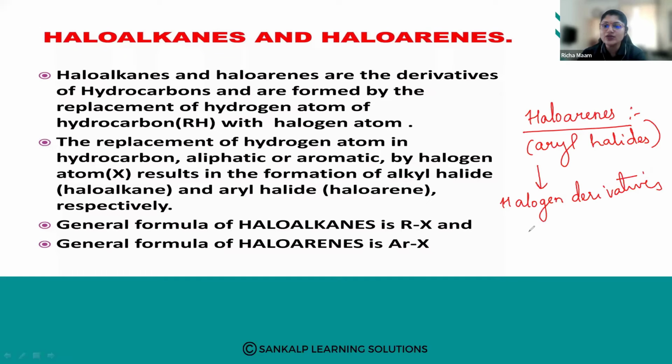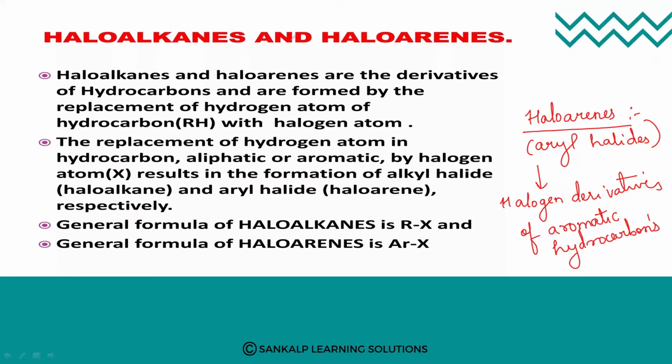These are the halogen derivatives of aromatic hydrocarbons. What do you mean by aromatic hydrocarbons, students? Hydrocarbons containing a benzene ring. So benzene compounds are called aromatic hydrocarbons. Very good.